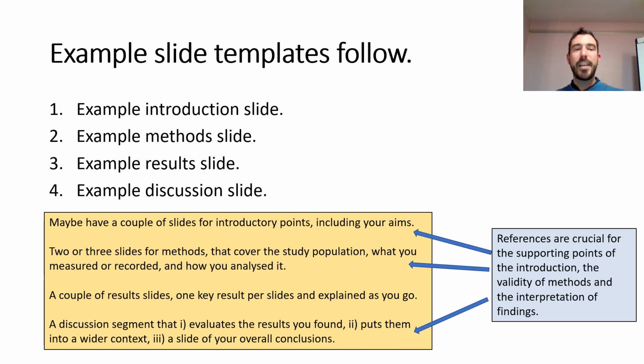References are essential to your introduction, your methods, and your discussion. Remember to use citations thoroughly and fluently from the peer-reviewed, unbiased, objective literature as you go through your talk.